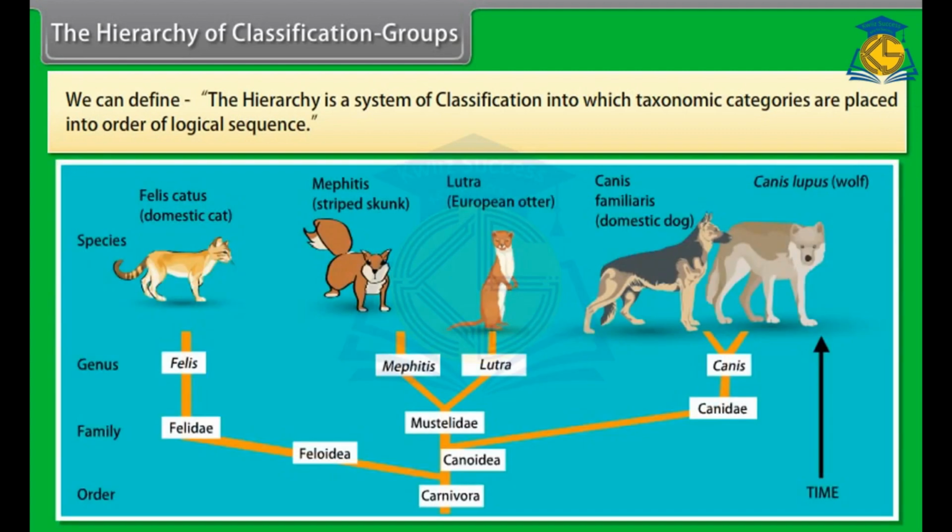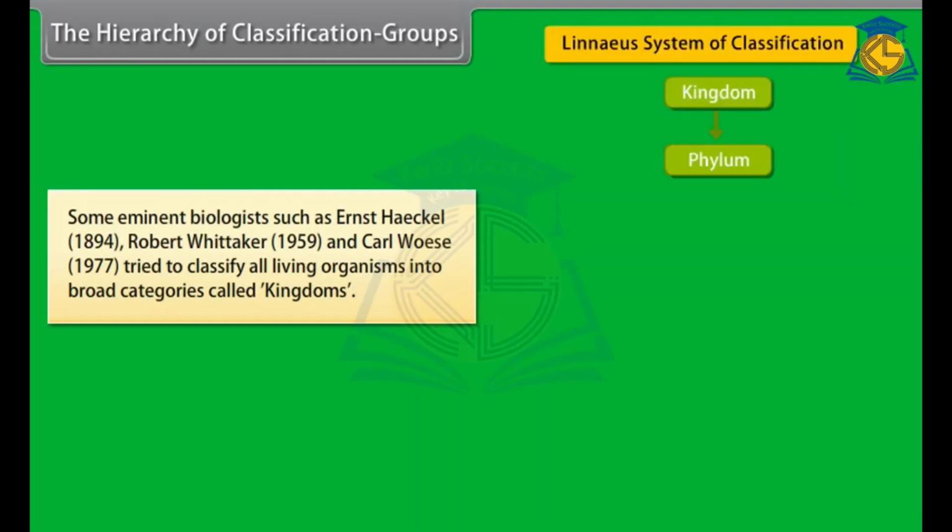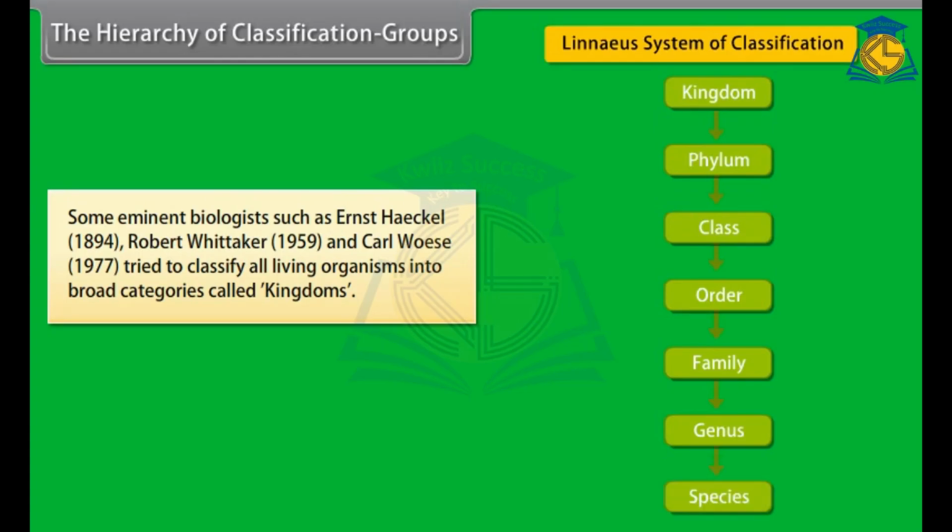We can define the hierarchy as a system of classification into which taxonomic categories are placed in order of logical sequence. Some eminent biologists such as Ernst Haeckel, 1894, Robert Whittaker, 1959, and Carl Woese, 1977, tried to classify all living organisms into broad categories called kingdoms.